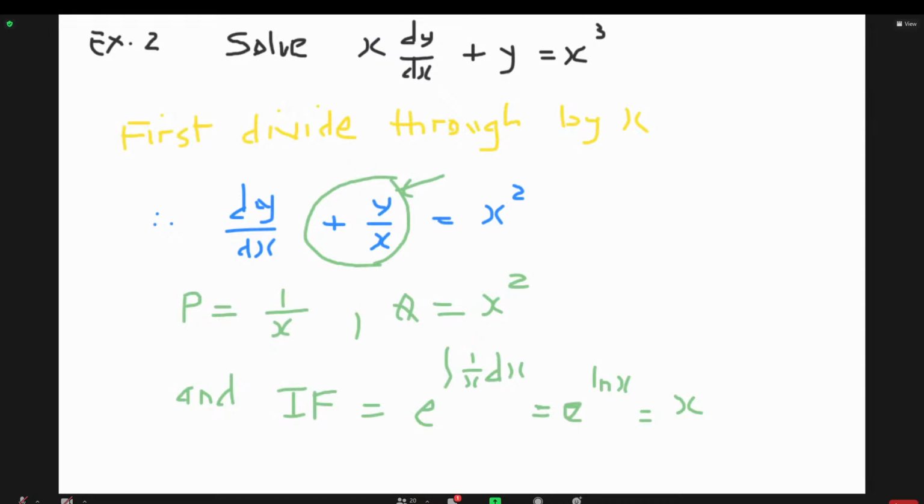Now we apply the formula. So therefore, y times our integrating factor is equal to the integral of q by the integrating factor dx.